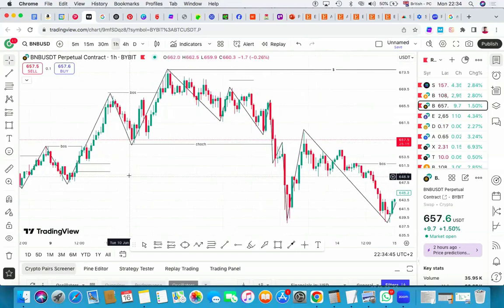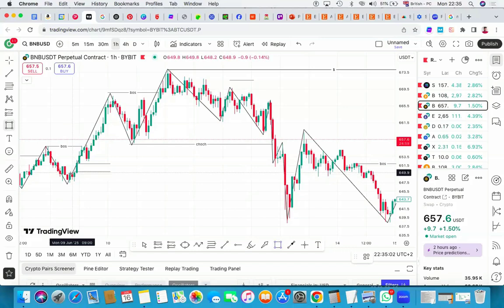Unfortunately, this block came, but it didn't hold. If I was to draw my other block around here, this is where I would have put my block. This is an unmitigated block, but the market leader came back and didn't respect it.